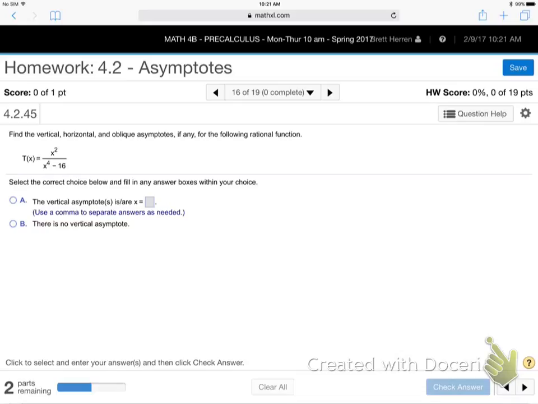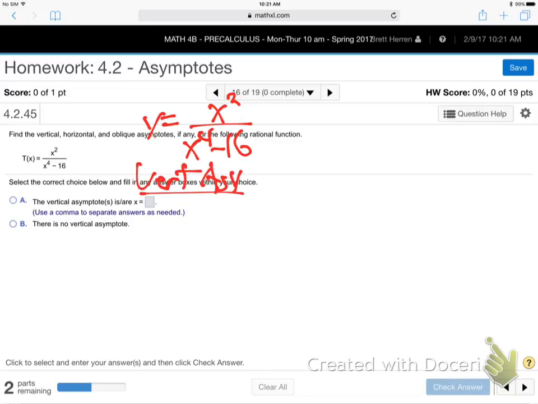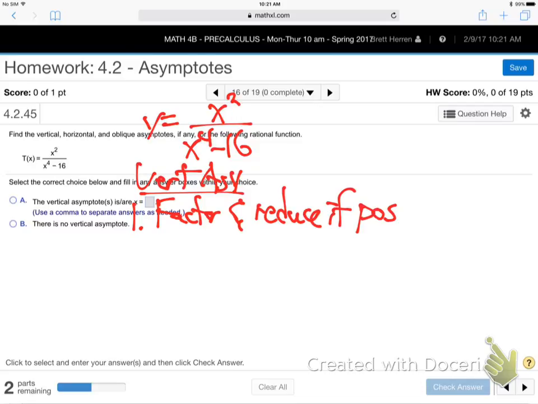All right, so we've got y equals x squared over x to the 4th minus 16. Let's do the vertical first. For the vertical asymptotes, what I said is, number one, you should try to factor and reduce if possible.